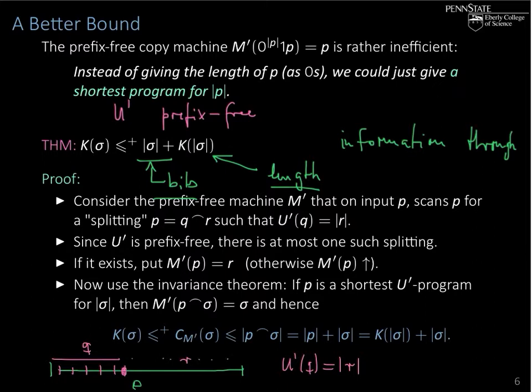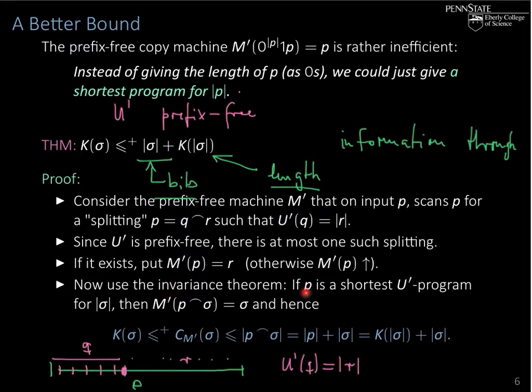That's of course the intention that was already indicated up here. Well, as in the argument before, since U prime is prefix-free, there's at most one such splitting, because U prime can converge on at most one of those initial segments. If such a splitting exists, it is unique, and we say that M prime outputs R, the remaining string, and otherwise it is undefined. And then we just use the invariance theorem.